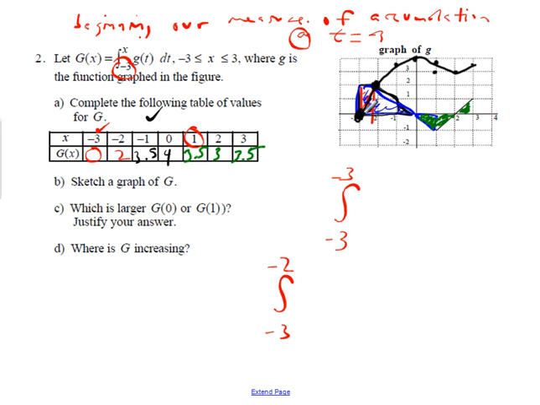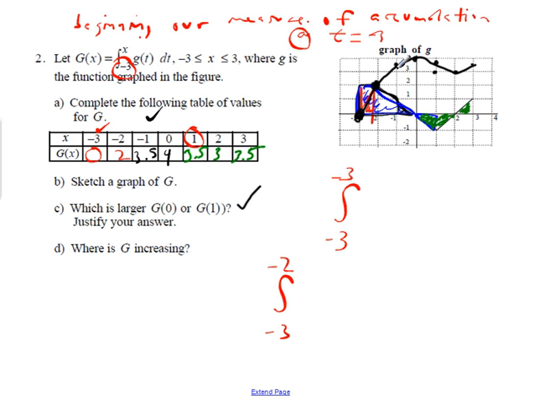And it's looking at the growth of my function. So it's looking at the accumulation of area under the curve as x starts from -3 and goes onwards. So which is larger, g of 0 or g of -1?